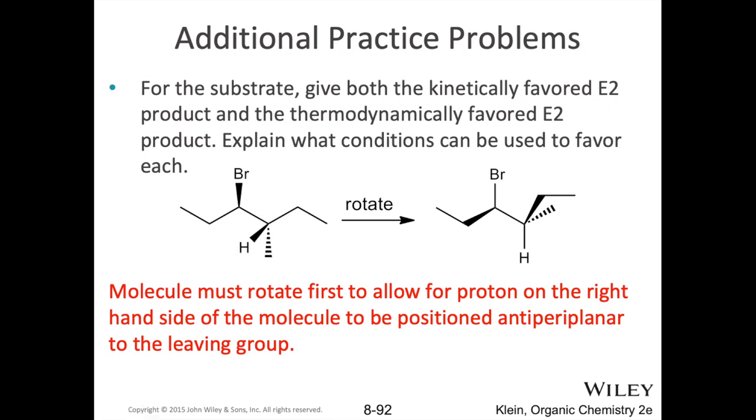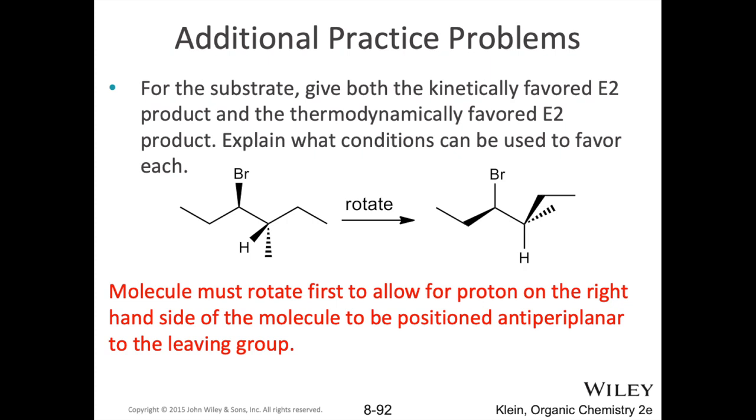When you're looking at the stereochemistry of your product, don't forget that for an E2 mechanism, you're going to need an anti-periplanar configuration. So you've got to figure out how the parts of your molecule are oriented in space. Do you have to rotate your molecule to get the hydrogen and your leaving group to be anti to each other?